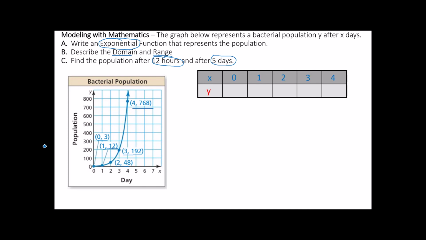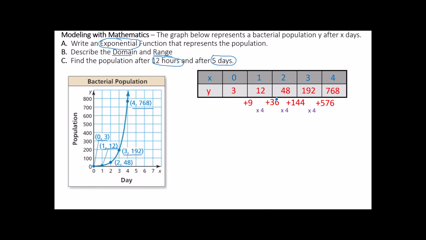I'm going to use the coordinates that are given here, (0, 3), (1, 12), (2, 48), (3, 192), and (4, 768). Can you see the rate of growth? Well, this is plus 9, plus 36, plus 144, and plus 576. That rate of growth is growing by 4 every time.